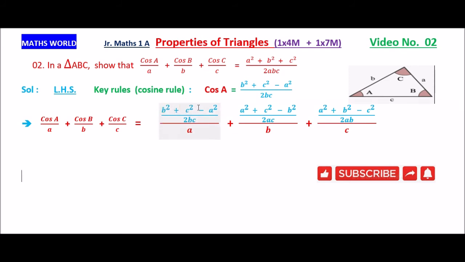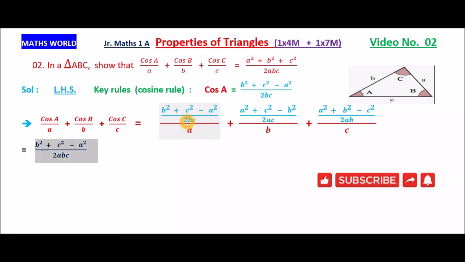So B square plus C square minus A square divided by 2BC, whole divided by A by 1, is equal to 1 by A. That is B square plus C square minus A square divided by 2ABC, plus A square plus C square minus B square divided by 2ABC, plus A square plus B square minus C square divided by 2ABC.